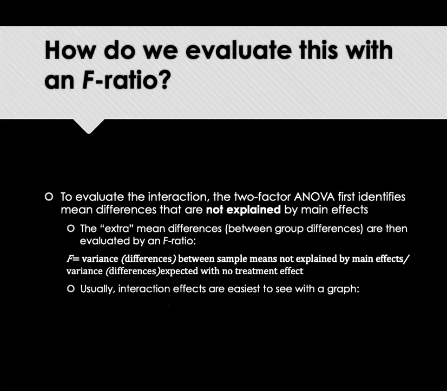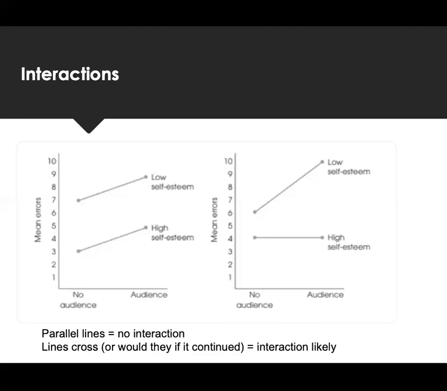So you want to understand conceptually what's going on with interaction effects. But the quickest way to tell whether or not interaction effects are present is to look at a graph. And you can spend some time on this slide. Feel free, of course, to pause the lecture here and really look at this for a little while and make sure that this makes sense to you, kind of talk it through.